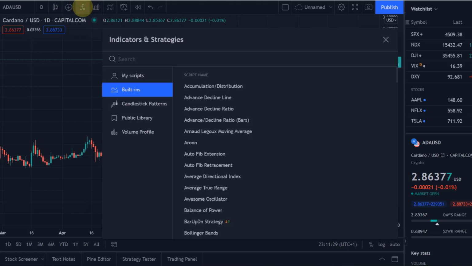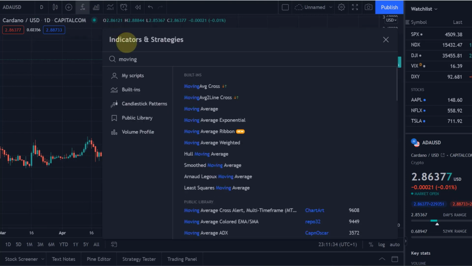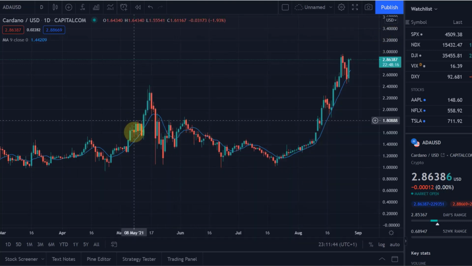You can find them in TradingView here. Just type in moving average. There are exponential moving averages and normal moving averages. I try to use the simple moving average, especially with cryptocurrencies, because the exponential moving average moves a little bit faster.